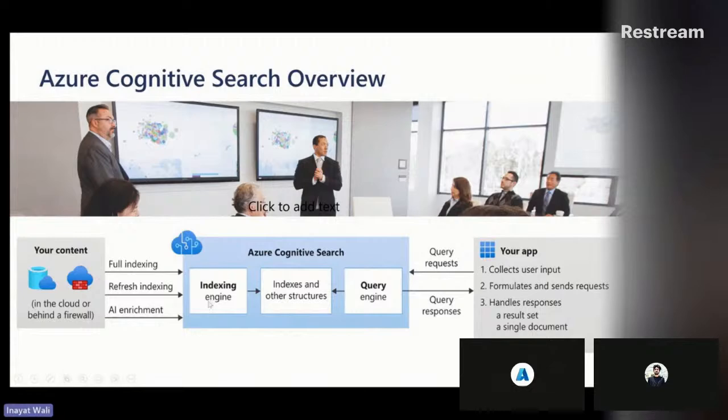While it indexes the data, you can supplement it with cognitive skills. You can bring your custom skills, which are basically your piece of code, or pre-built code, and other cognitive services are also available. You can hook that code in while it's processing each individual data item.